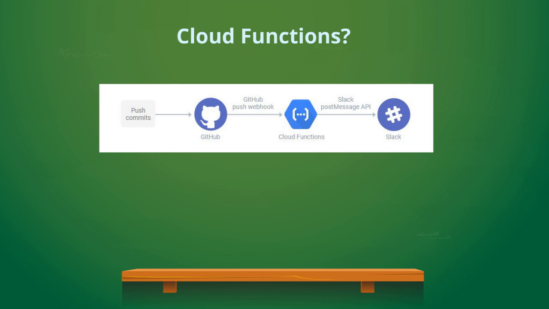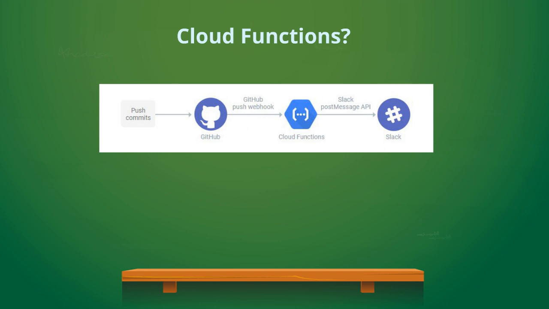Your function is triggered when an event being watched is fired, and then your code executes in a fully managed environment. In other words, you don't need to provision any infrastructure or worry about managing any servers because Google does that for you. So what you would probably be focusing on is writing your code, your function, to run within this serverless architecture.